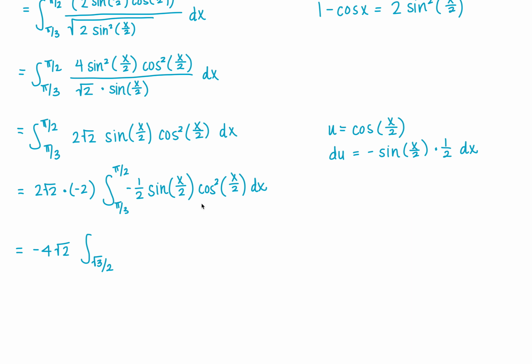For the top one, I've got cosine of pi over 4, and that's equal to 1 over the square root of 2. Inside, I've got u squared du. So I can go ahead and integrate that. Leaves me with 1/3 u cubed, and we will evaluate that from the square root of 3 over 2 to 1 over the square root of 2.